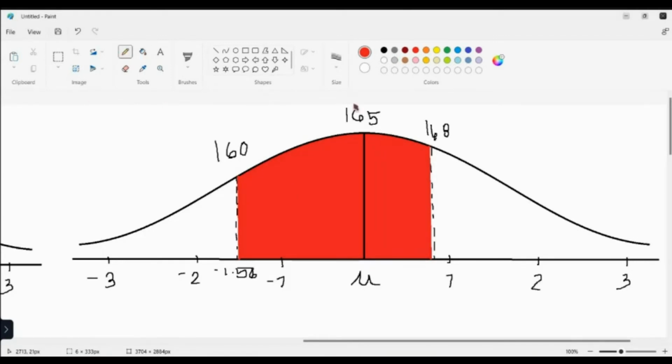This time I need the area. I need the area from 160 to 165. Anyone? 0.4406 po. 0.4406. While the area from 165 to 168 is 0.3264.